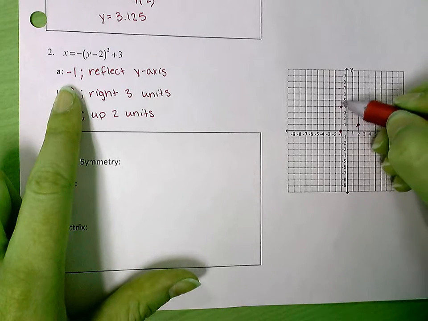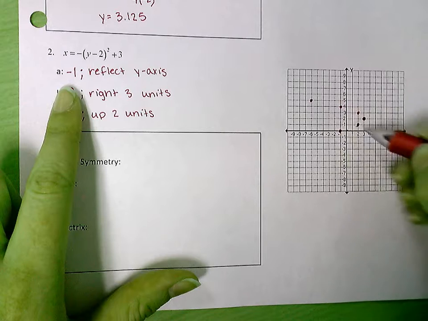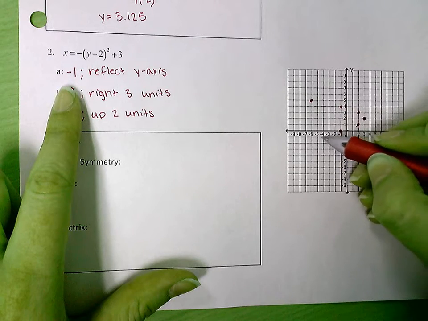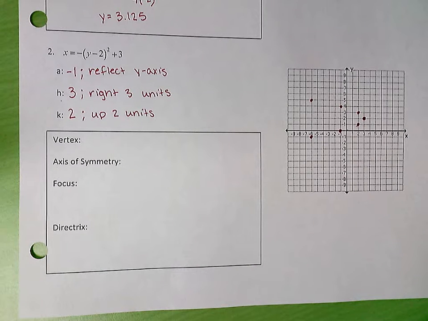From that point, you could go up 1, left 5. Same thing. So your parent function for a parabola, when it's x equals, you'll move down 1, and then it'll go right 1, then right 3, then right 5, then right 7, then right 9. So it goes up by 2 each time.